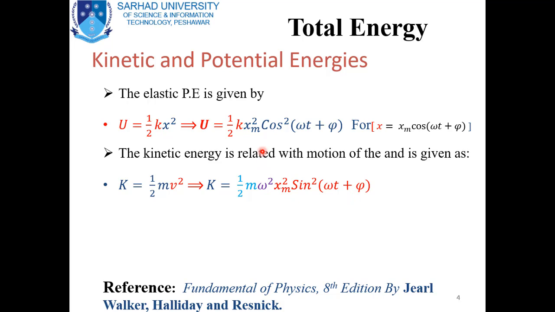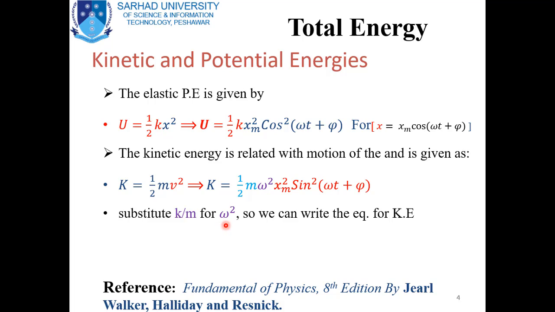In both expressions there are two different terms. The potential energy appears in terms of the spring constant and amplitude, while the kinetic energy involves the mass term, the angular frequency and the amplitude term. So to make them similar, we will insert the value of omega square.